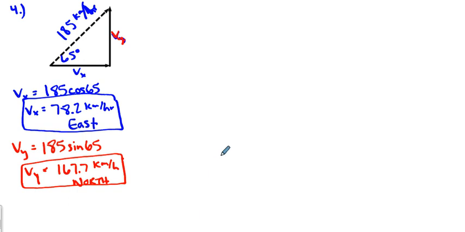All right, next part. It's blown. We edited this one a little bit from the way it was stated to say that it was blown 65 degrees west of south by an 85 kilometer per hour wind. West of south. South is the last one, so we start with it.